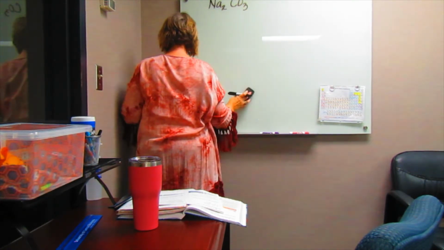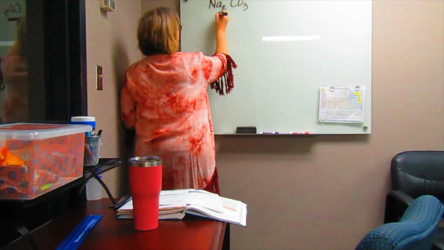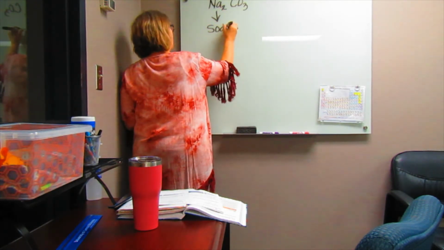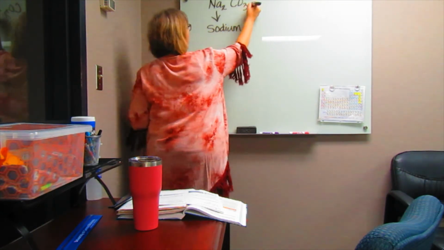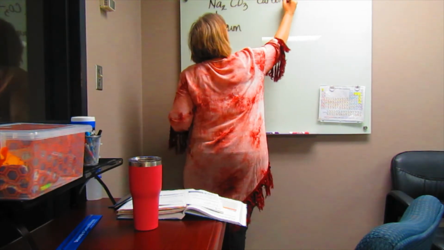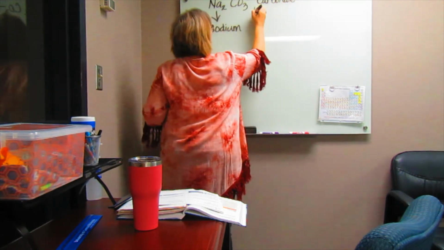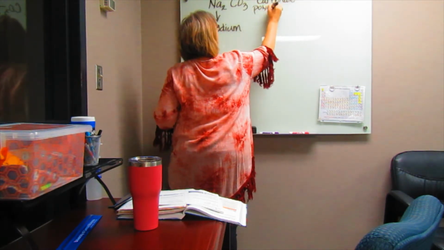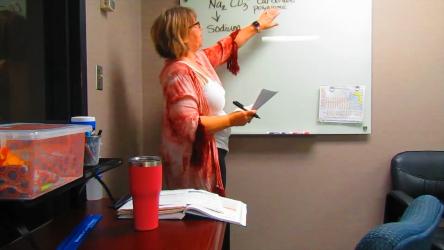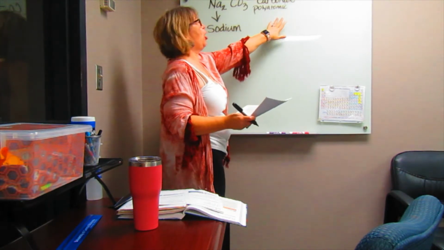CO3. Okay, so we know that Na is sodium, and we know that this is carbonate, right? This is a polyatomic ion, so this doesn't become carbonide. It stays carbonate.